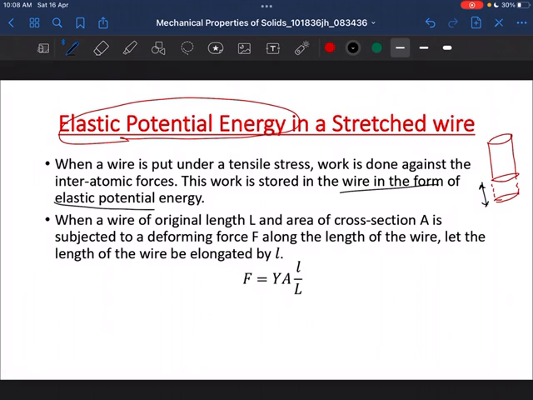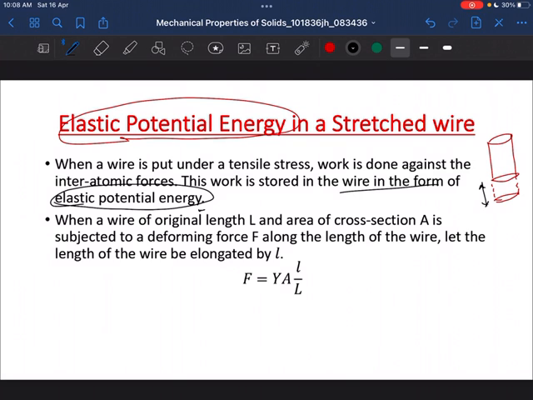What is work? It is force into displacement. So the tensile stress which we are generating, acting against the interatomic forces, is stored in the form of elastic potential energy. We are going to find that out.